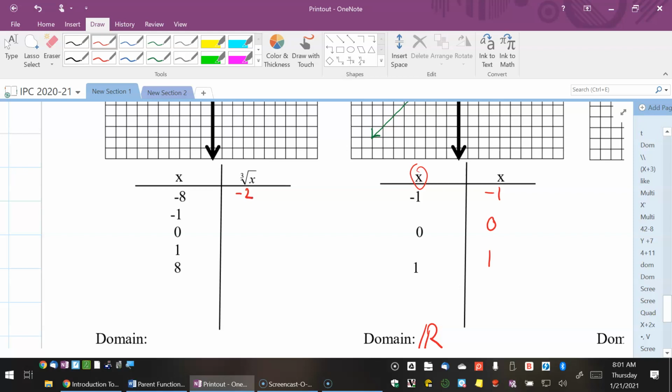Cube root of -1 is -1, 0, 1, 2. Fun fact, if you take the anchor points for cube root and you exchange x and y, you get the anchor points for x cubed. Because these two functions are inverses. They undo each other. That's a discussion for another day.